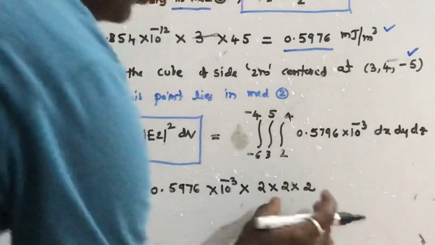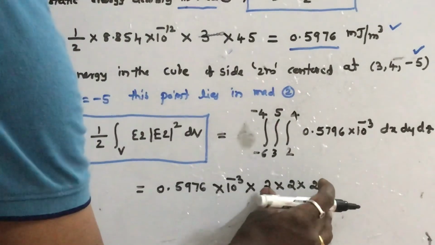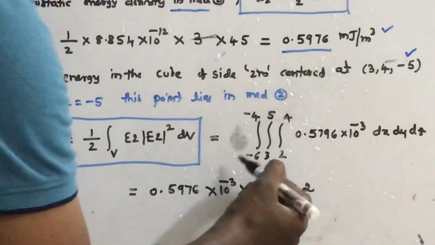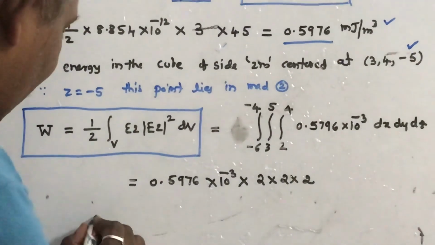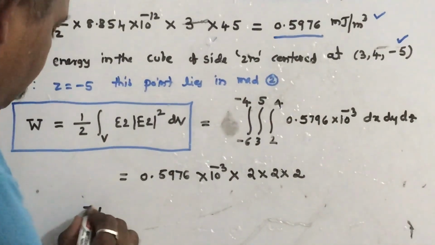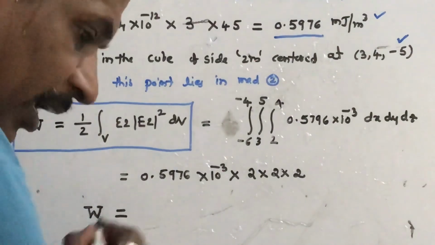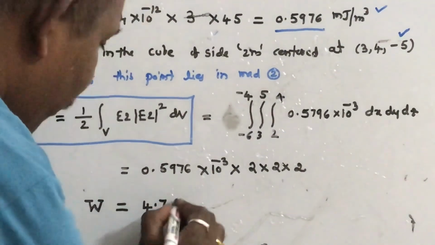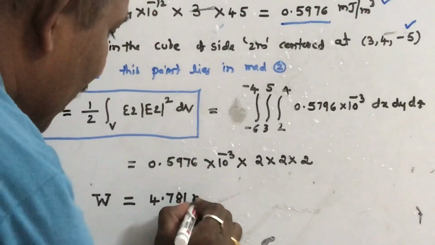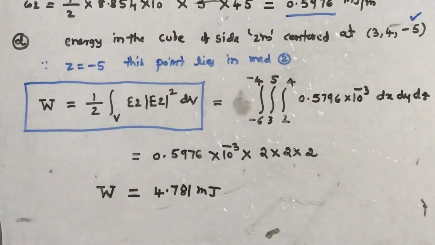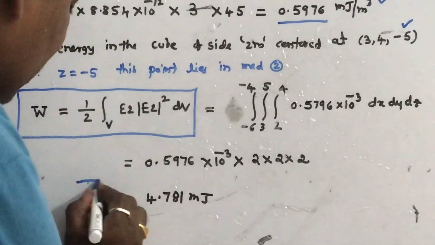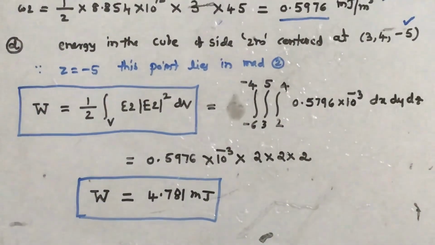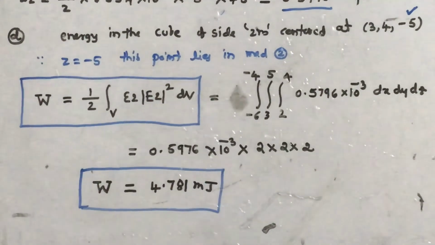Or you can separate the integrals and find the same answer. Therefore, finally the energy stored within the cube, which is in region 2, will come out as 4.781 millijoules. This is the answer you have to write in the examination.